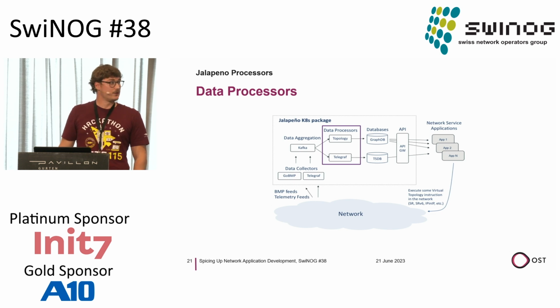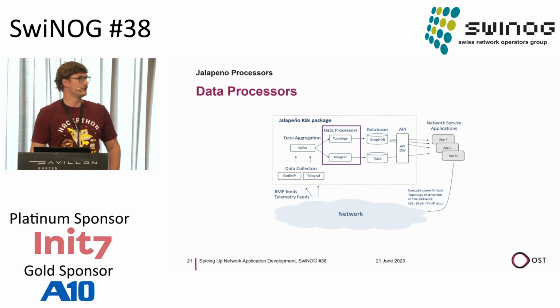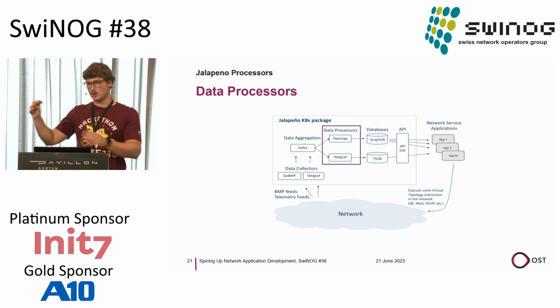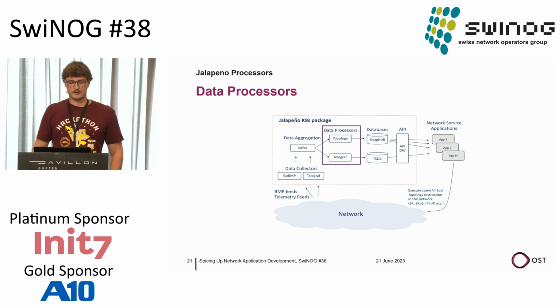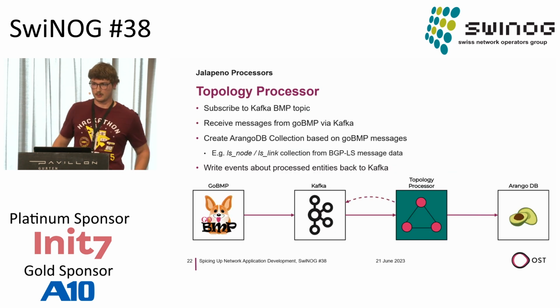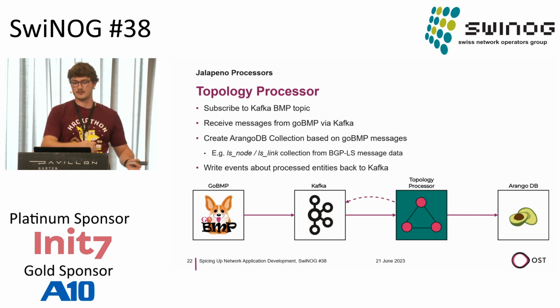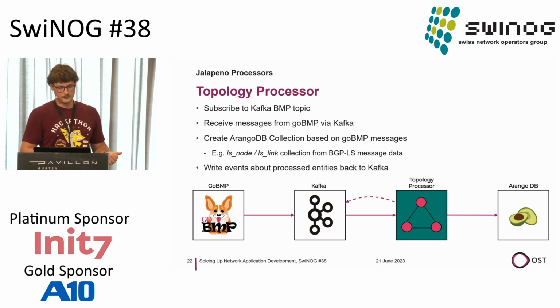So let's talk about the data processors. We have two different data processors I want to talk about. There are some other virtual processors, but I think it's enough to talk about these. So we have the topology processor. What the topology processor does is it subscribes to the Kafka BMP topic and thus receives the messages from GoBMP via Kafka.